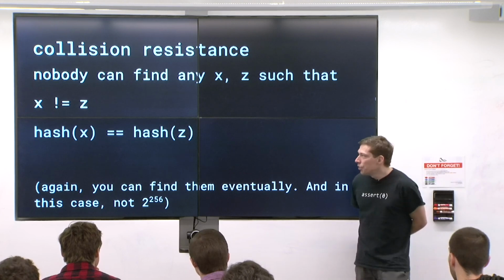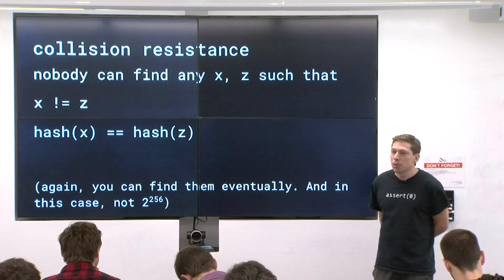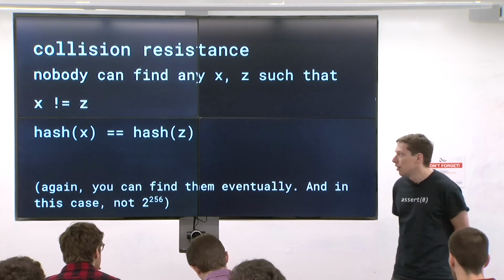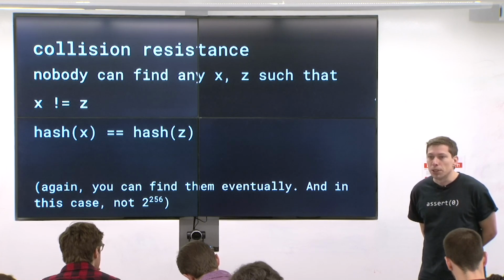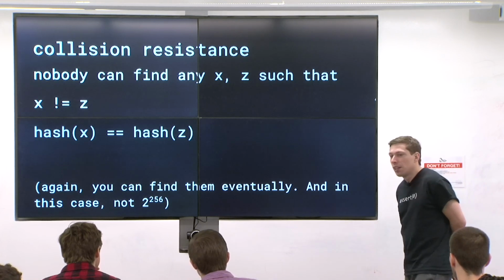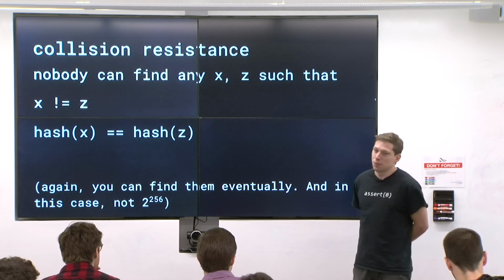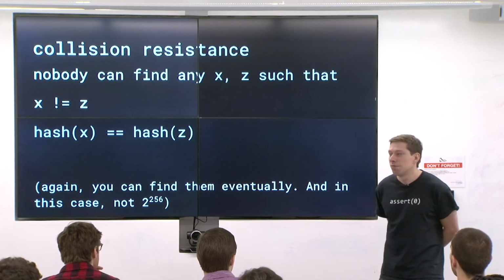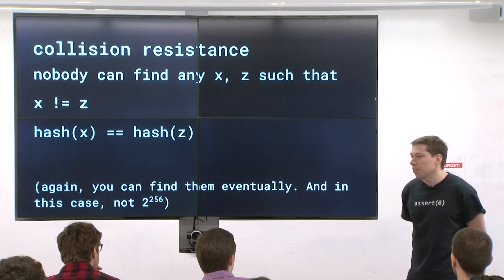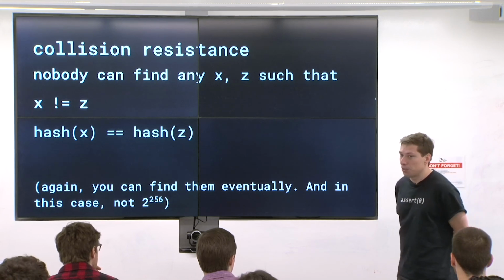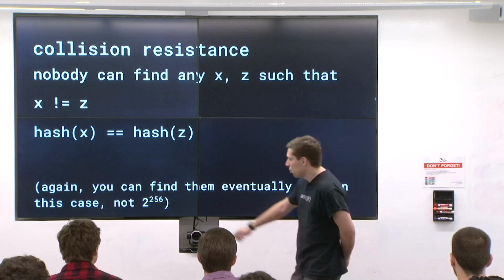And again, you can find this eventually, right? So if your output size is 256 bits long, you'll be able to find two inputs that map to the same output. In fact, you do not need to try 256 times. I'm not going to go into the details, but you actually only have to try 128 times. 2 to the 128.